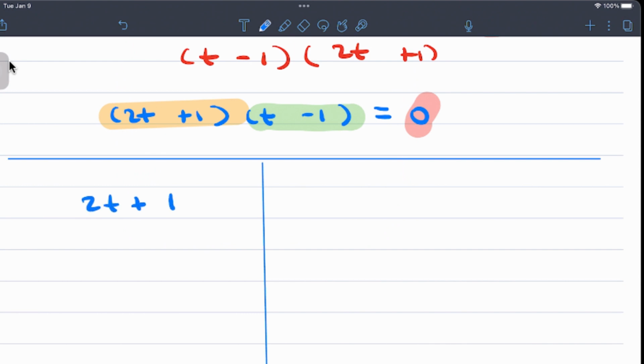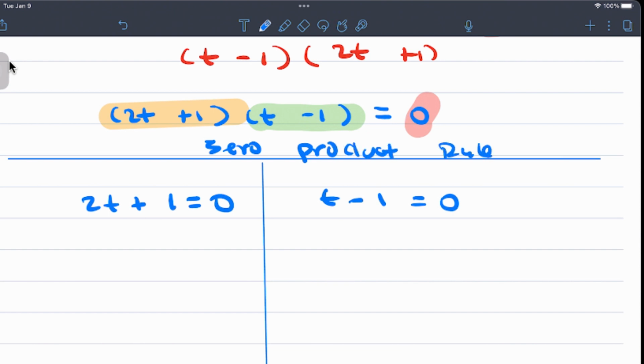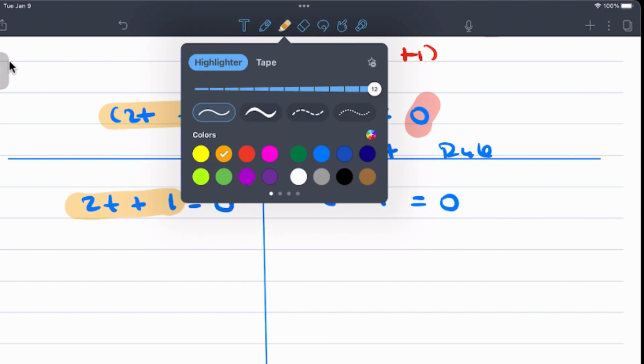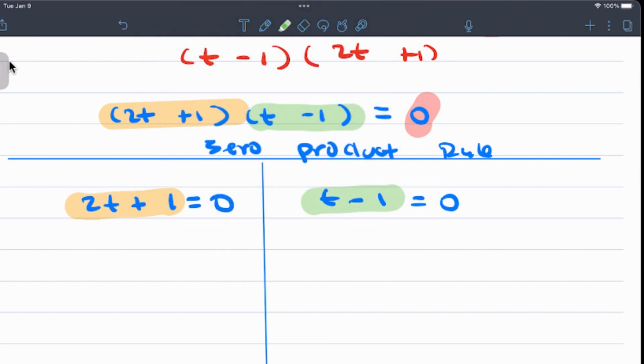So 2t plus 1 is 0. t minus 1 is 0, ladies and gentlemen. The zero product rule. Full circle. Subtract 1. 2t is -1.